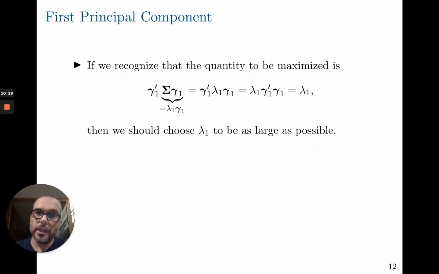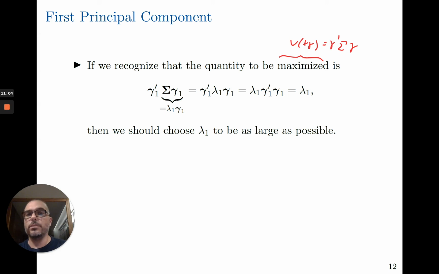We want to maximize the variance of x gamma, which is gamma prime sigma gamma. So it's what we have here. But from the first order condition, from the eigenvector equation, we know that sigma gamma 1 is equal to lambda 1 gamma 1.